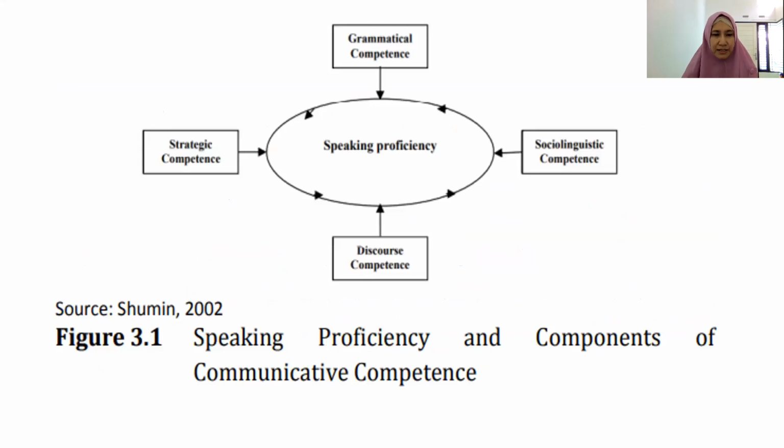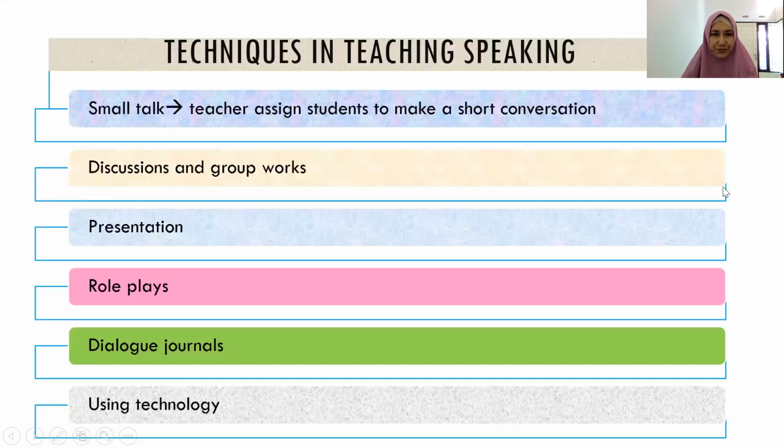This is the figure of speaking proficiency and components of communicative competence. So speaking proficiency consists of sociolinguistic competence, discourse competence, strategy competence, and grammatical competence. There are some techniques in teaching speaking. The first technique is small talk.